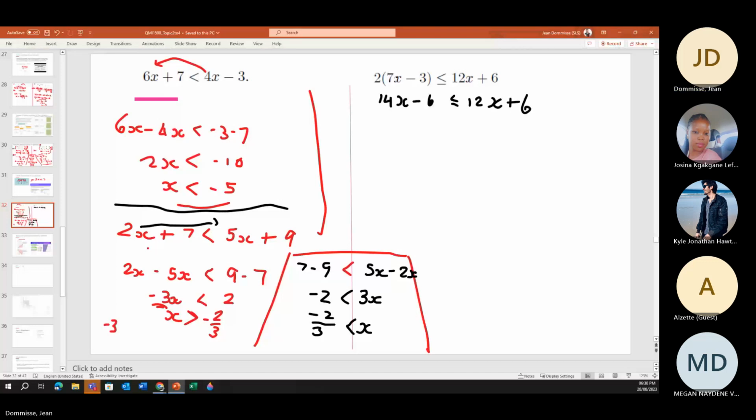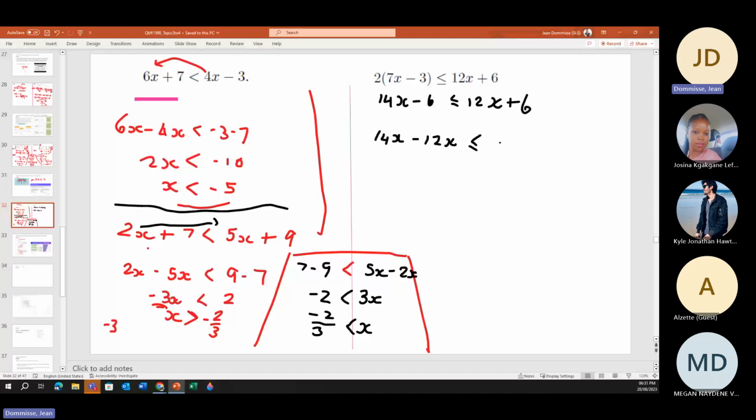Okay, so the most important thing is to multiply it out. Then again, I love to have all my positive x's on the one side. So 14x minus 12x is on the one side, so that will always be positive.